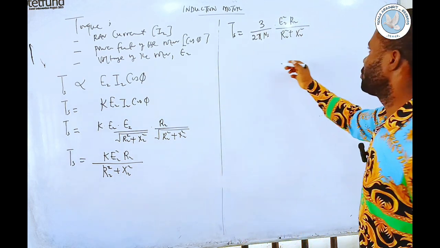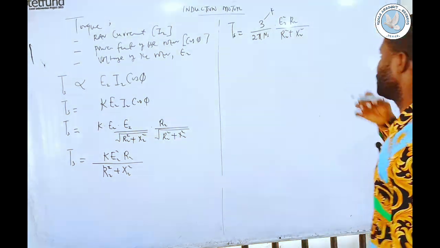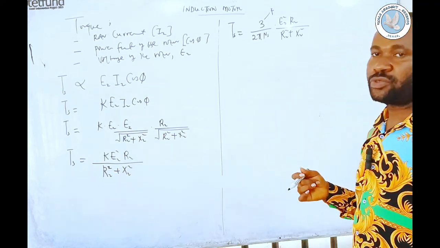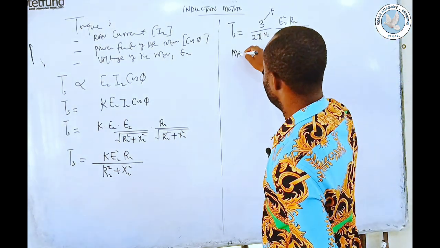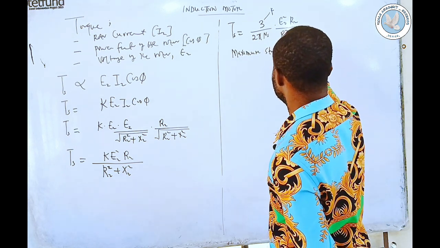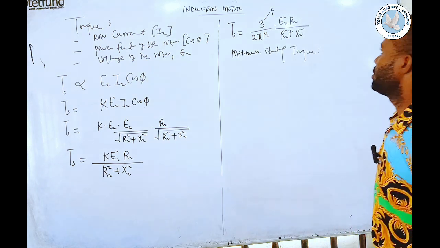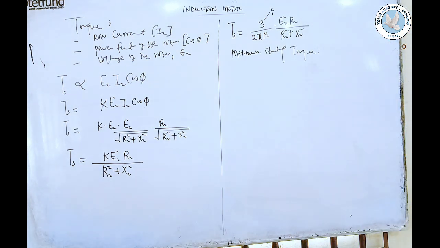So this is starting torque when this represents the constant. Okay. So we want to analyze some of the conditions under which you can achieve maximum starting torque. So at this point, we want to consider how we can have maximum starting torque.